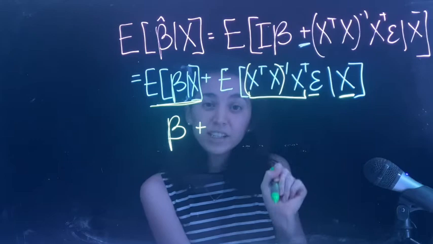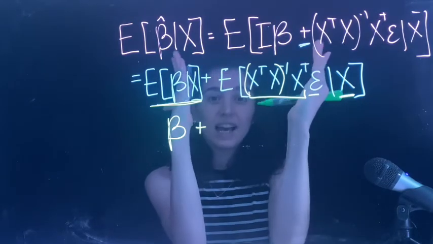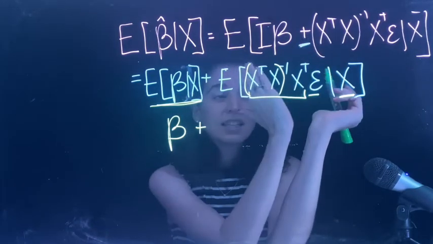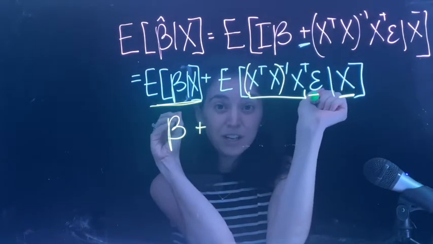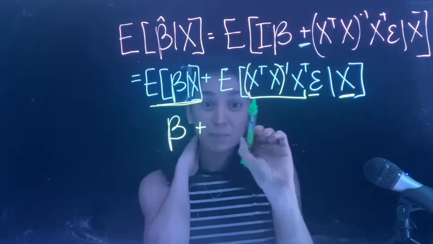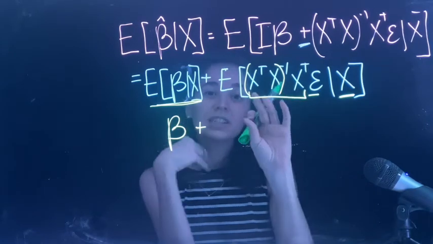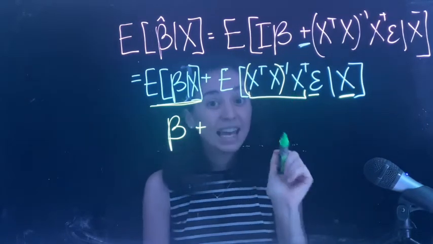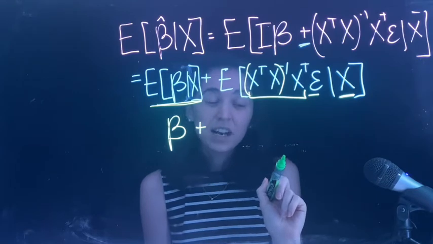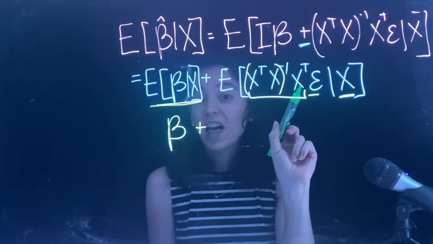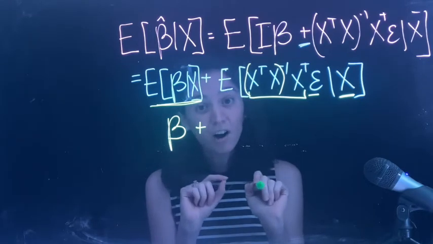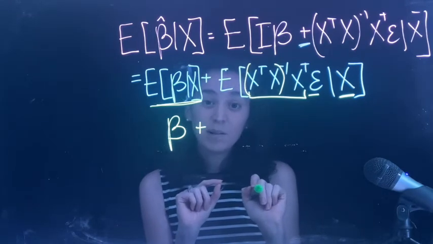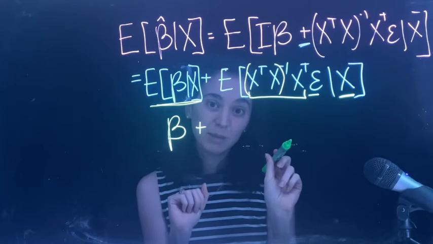This is really important. I noticed a couple of you split this out into the expectation of the x parts times the expectation of epsilon, and that's not exactly what you want to do. When you have multiplication, you have to be careful splitting expectations out if there's not a constant involved, because the expectation of x times y, where both are random, is not necessarily the expectation of x times the expectation of y.